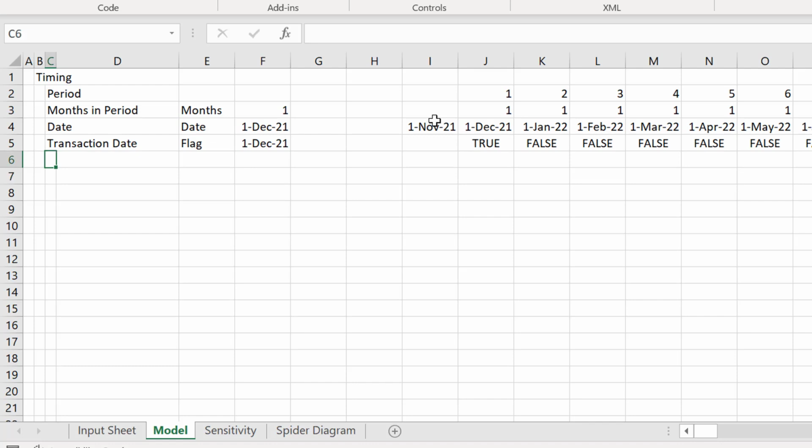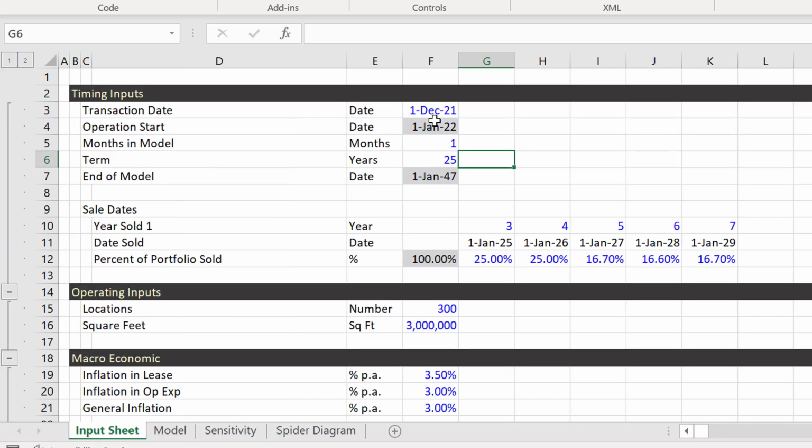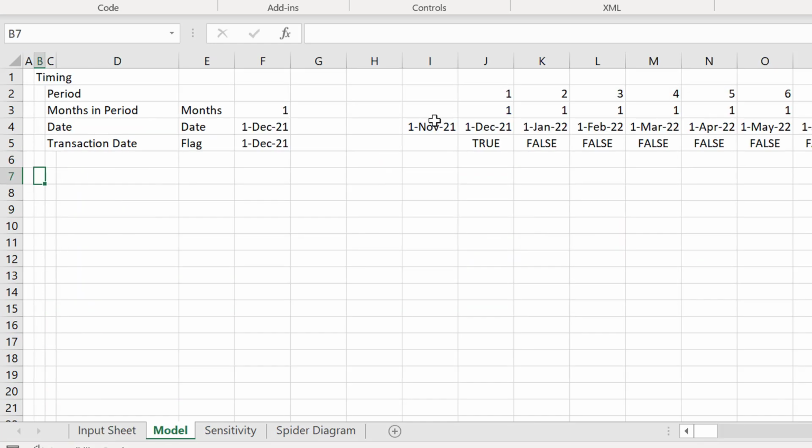let's wait with the sale dates, I think. Okay, and of course I just haven't thought the whole thing through, so we should put our operating period.